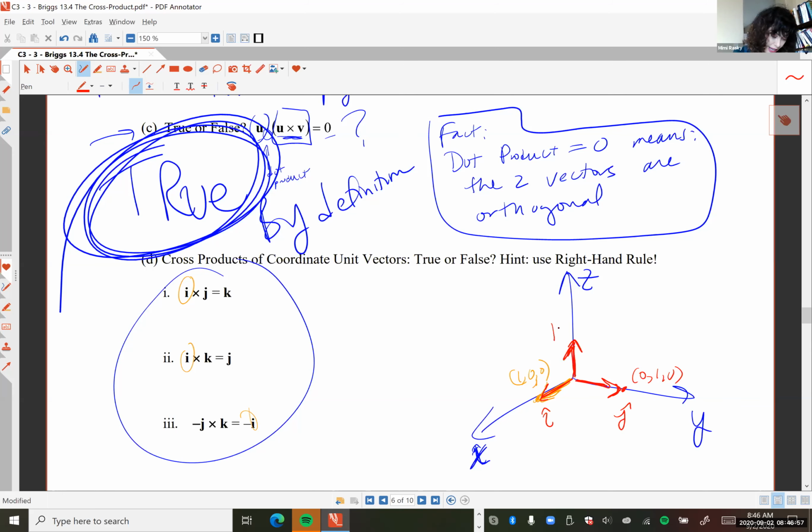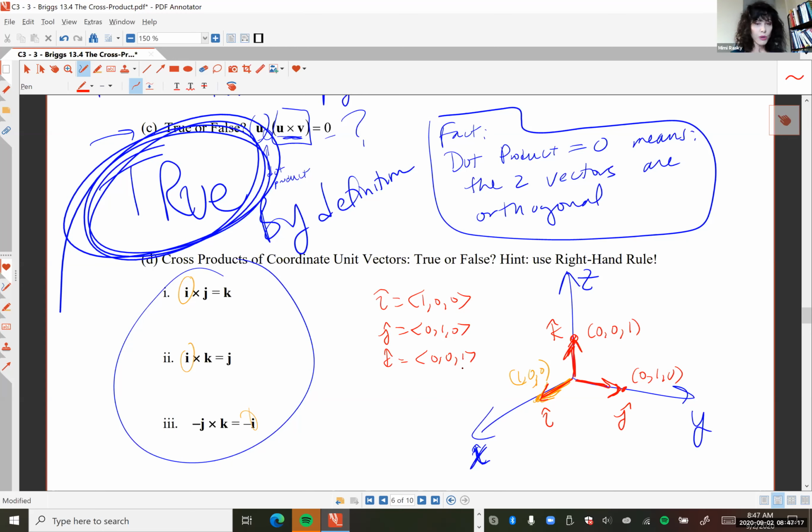And then you've got k hat here, and his tip is located at (0, 0, 1). So the component forms would look like this, although that's not what they're asking us for. What are they asking us for?